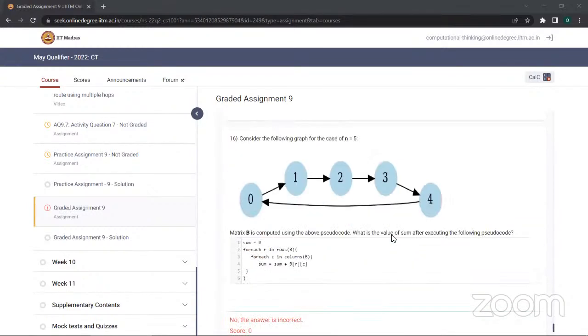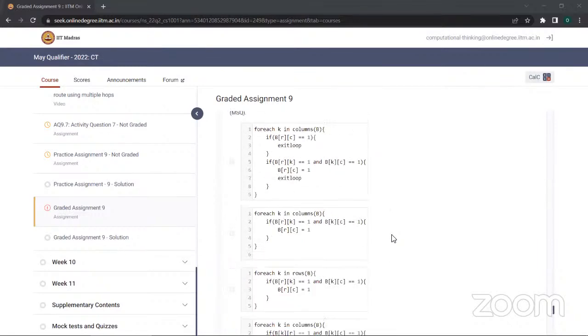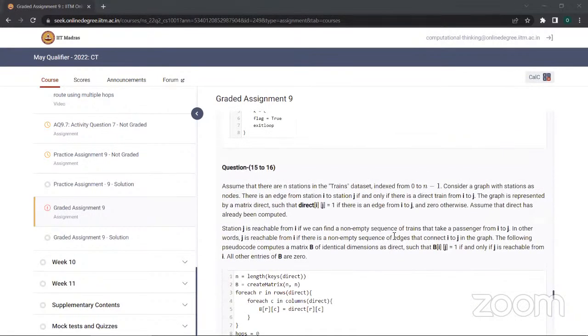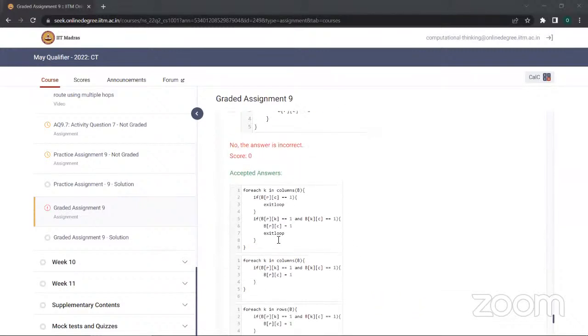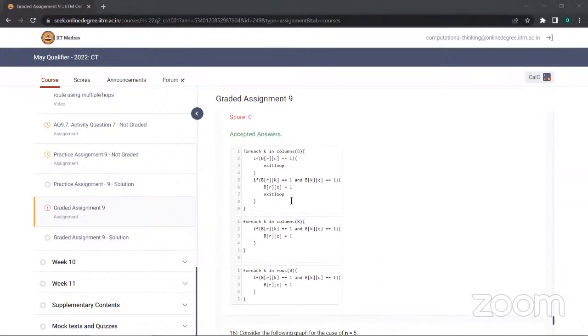In the 15th question, the first option is also an answer actually, in which B of RC is equal to 1, then exit the loop. Yeah, this one. If it exits the loop for the first if condition itself, it means there is a direct train for it, which isn't a sequence; there exists no sequence for it in that case.